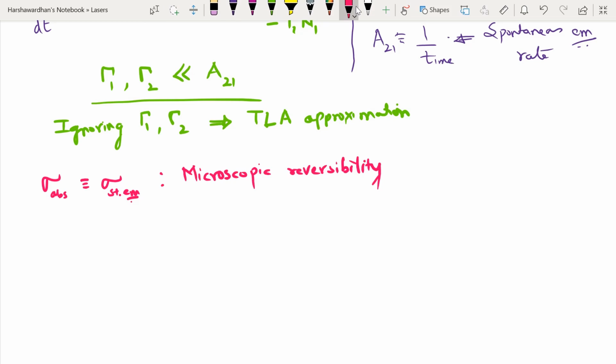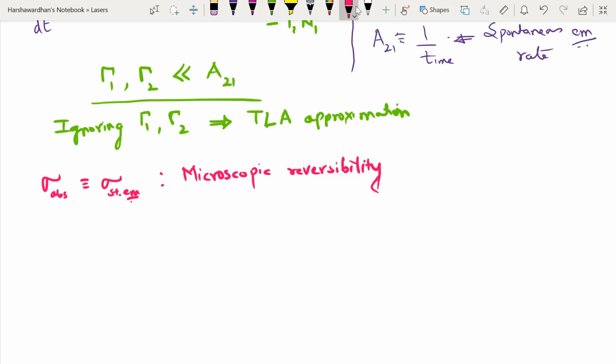So what one is saying is that essentially there is a certain transition that is involved. There is a coupling of the atomic dipole moment to the light, and whether you are going from excited state to the ground state or vice versa, the coupling of the field and the atom is irrespective of where you begin with, and these two processes are exactly identical at the very microscopic level, and hence we do not distinguish between the two. Right.